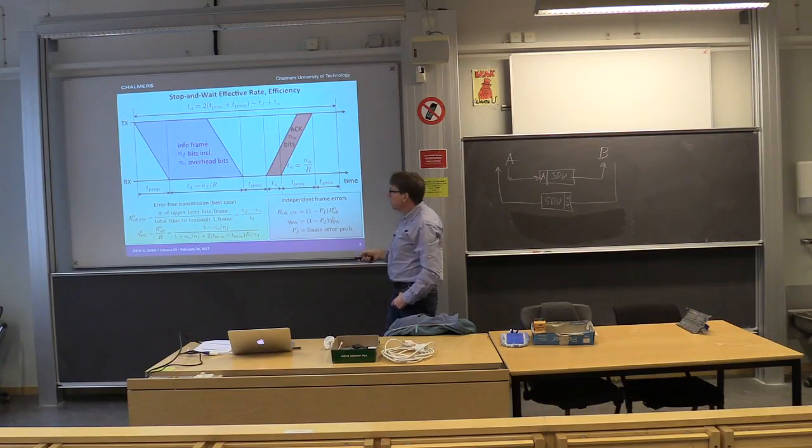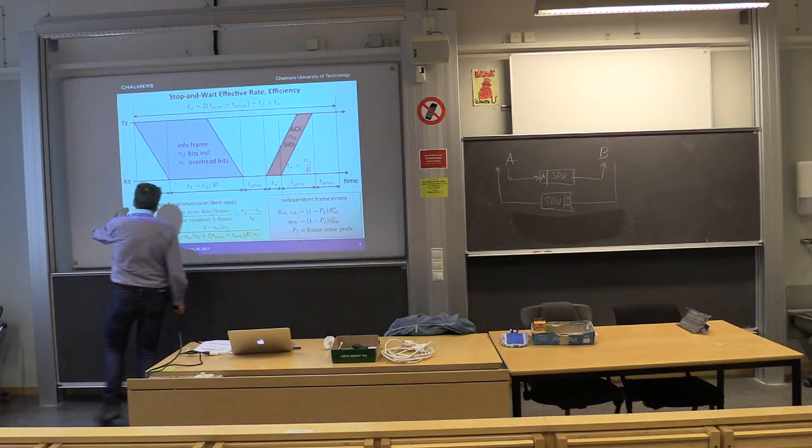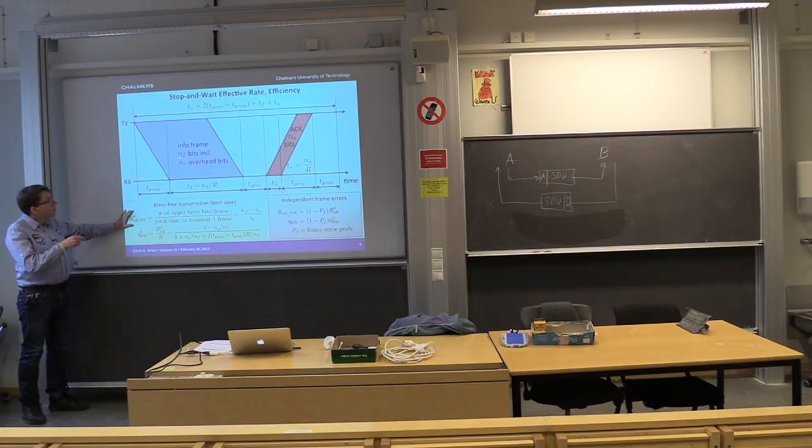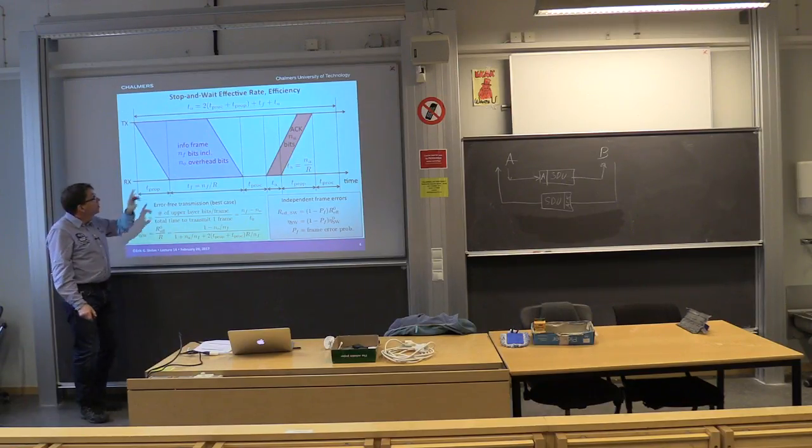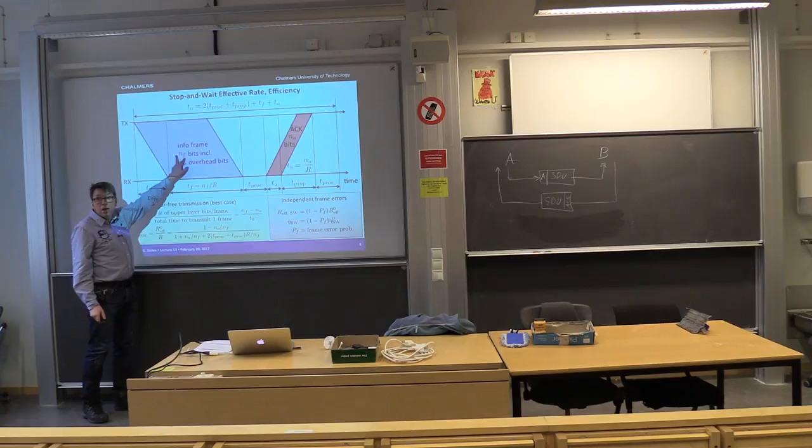Okay? So then the effective rate, if there are no errors in the frame or in the acknowledgement, so under ideal, error-free conditions, is the number of upper layer bits in this frame, divided by the total time it takes to transmit that frame. And the total number of bits in the frame is NF.